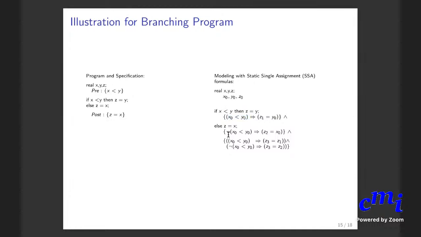This would be executed only if the negation of the condition is true. So here I'm saying Z3 should be the same as Z1 if I take the then path, which is the case when x naught is less than y naught.